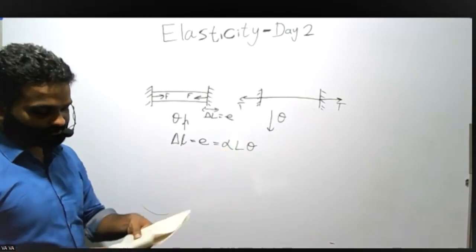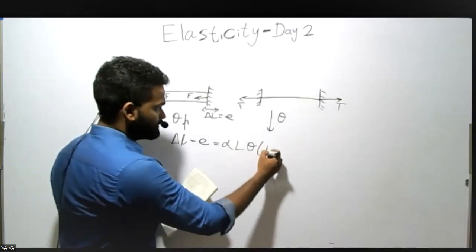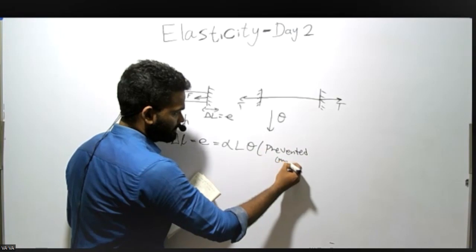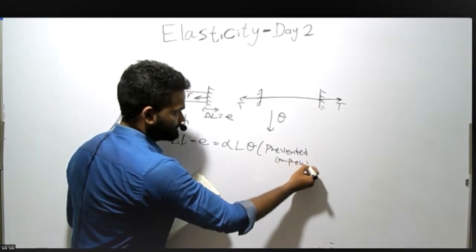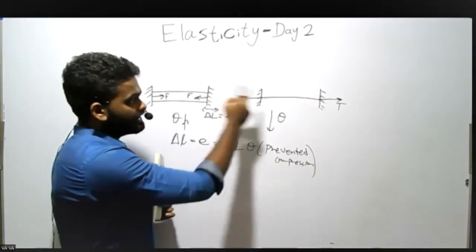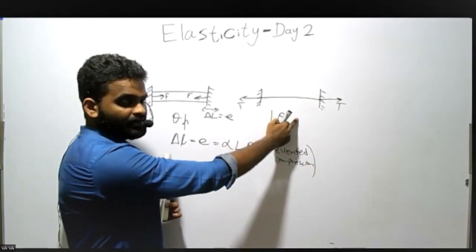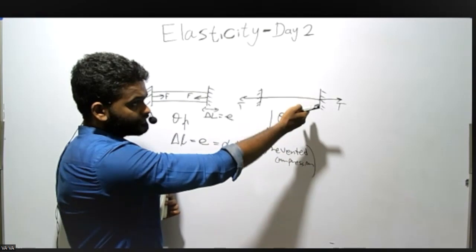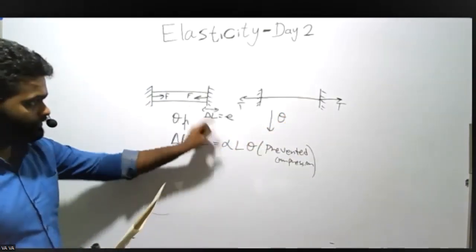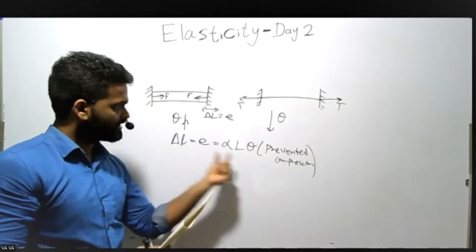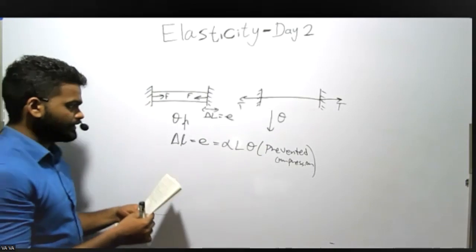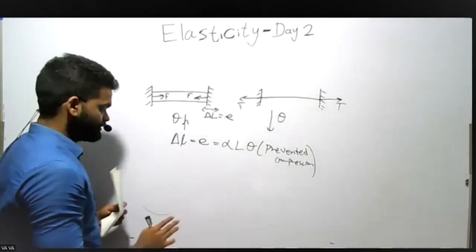So we call this prevented compression. In this case, it is a prevented compression. In this case, it is a prevented contraction, right? This matches for both cases, right? So we have this equation.